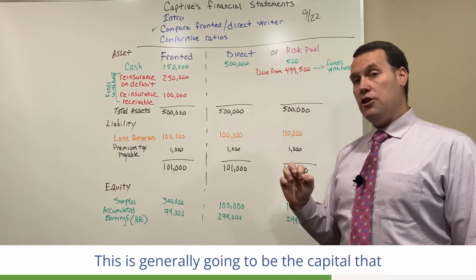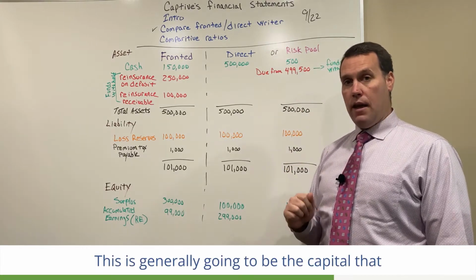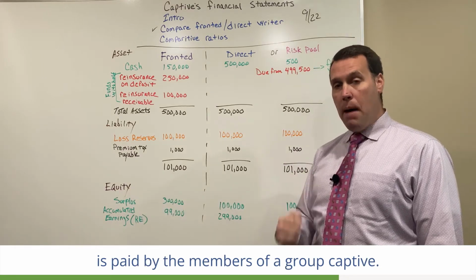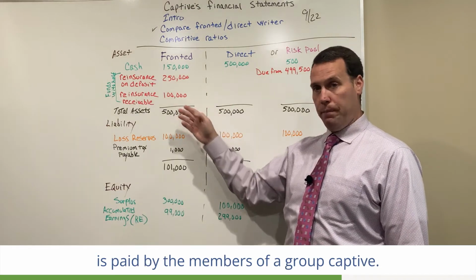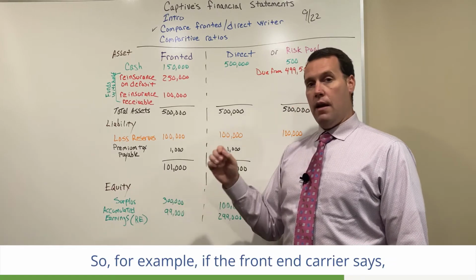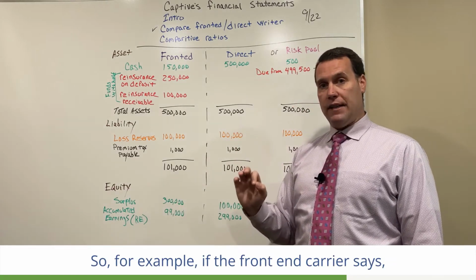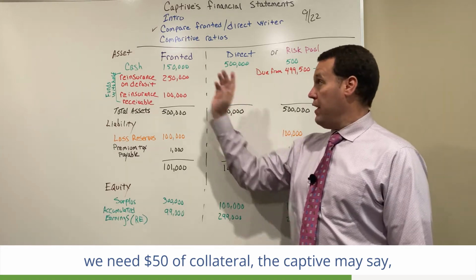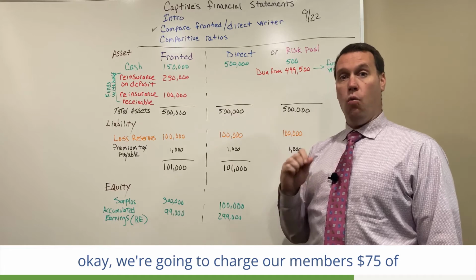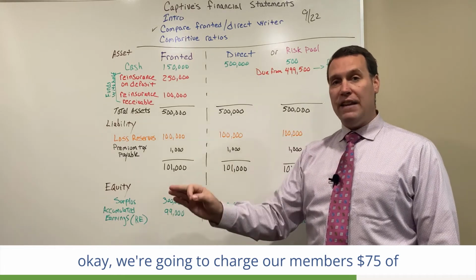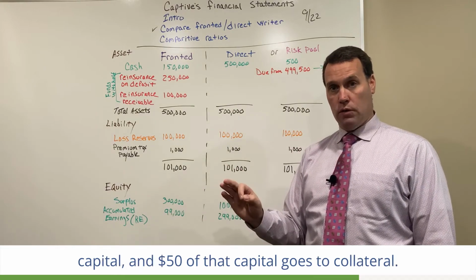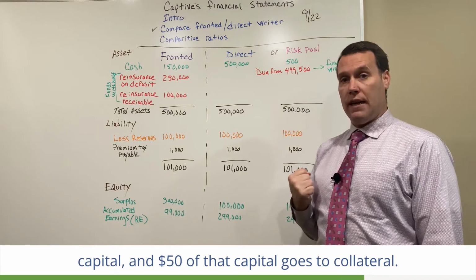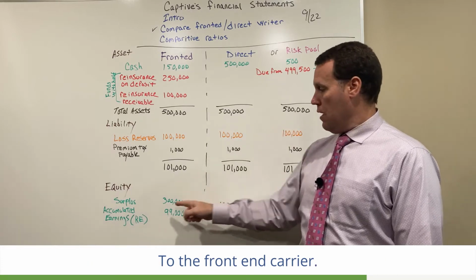Surplus. This is generally going to be the capital that is paid by the members of a group captive. So for example, if the fronting carrier says we need $50 of collateral, the captive may say, okay, we're going to charge our members $75 of capital, and $50 of that capital goes to collateral to the fronting carrier.